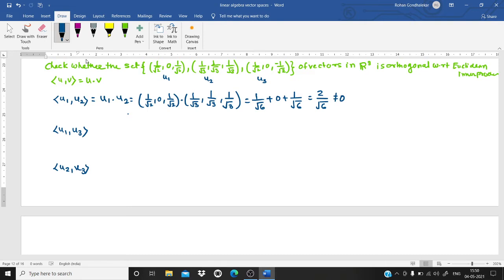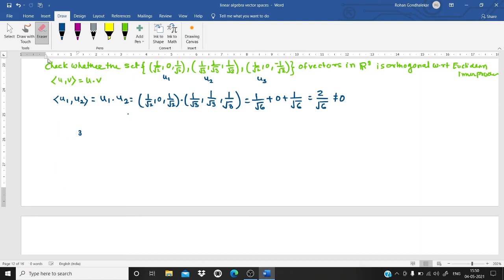So here itself you can say the given set is not orthogonal. If the set has to be orthogonal, what is expected? All these inner products should be 0. But here one of the inner products is non-zero.